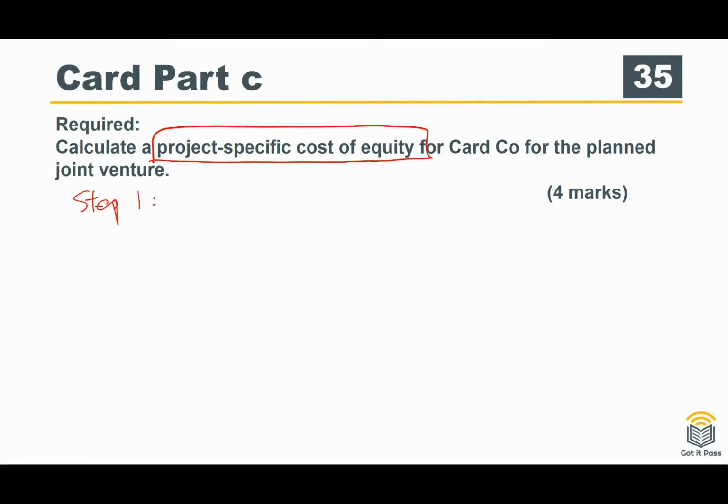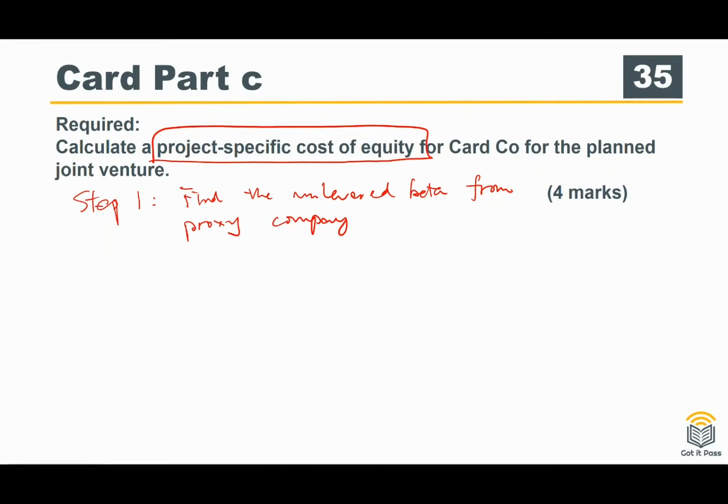For the first step, we need to find the asset beta, or unlevered beta, from the proxy company. We are given the proxy company information, and right now we need to unlever, or ungear, that proxy company equity beta into the asset beta.